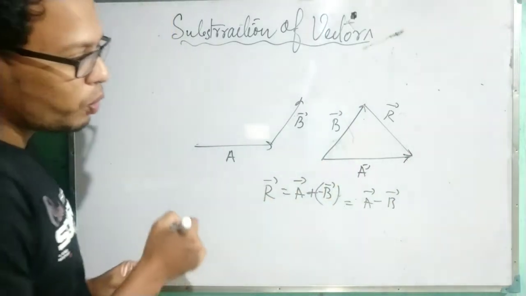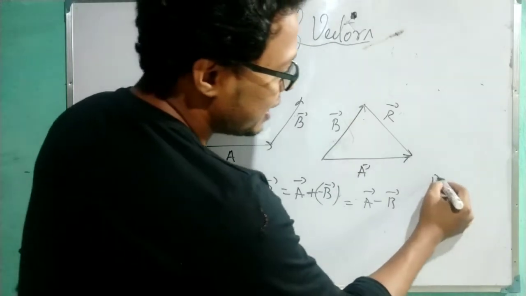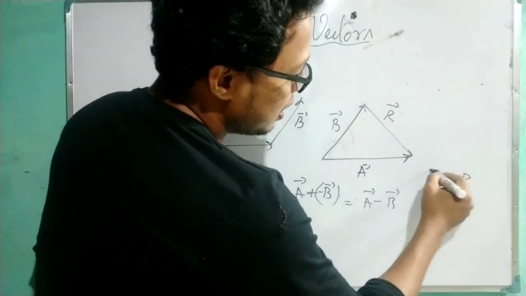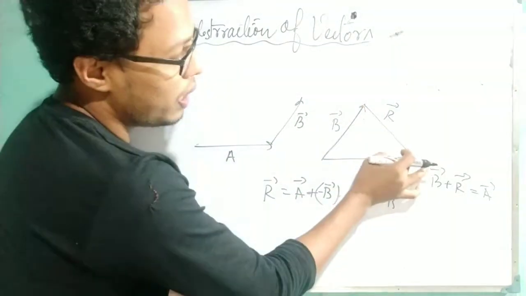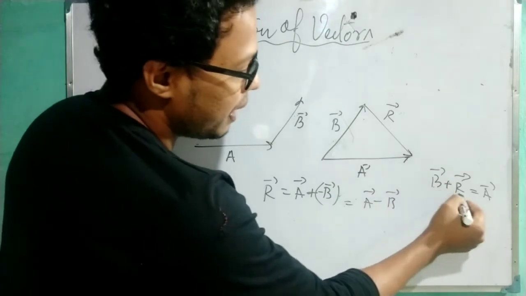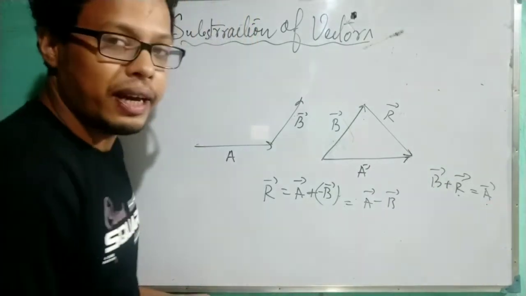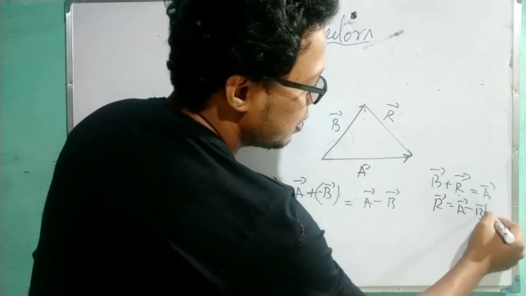Look here, the same formula I will apply. This is given in the same order, means we can write B plus R equals A, isn't it? These two are in the same order and this is in the opposite order. So B plus R equals A we can write. Now R equals how much? A minus B. This is the process.